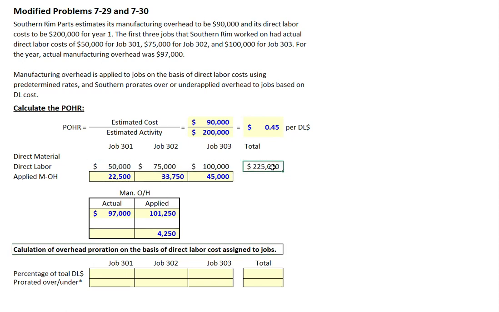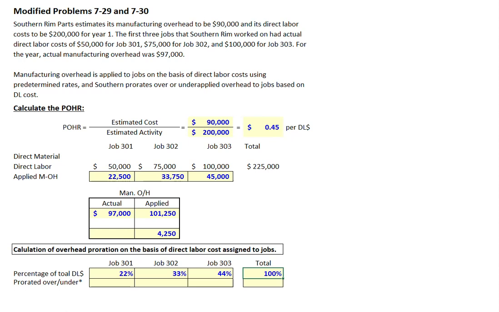We had $225,000 in total direct labor cost, and $50,000 went to job 301, which represents 22% of the total cost. Job 302 represents 33% of the total cost. And finally, job 303, the $100,000 divided by 225, represents 44%. Let's add up our percentages to make sure we calculate them correctly, and we've got 100%.